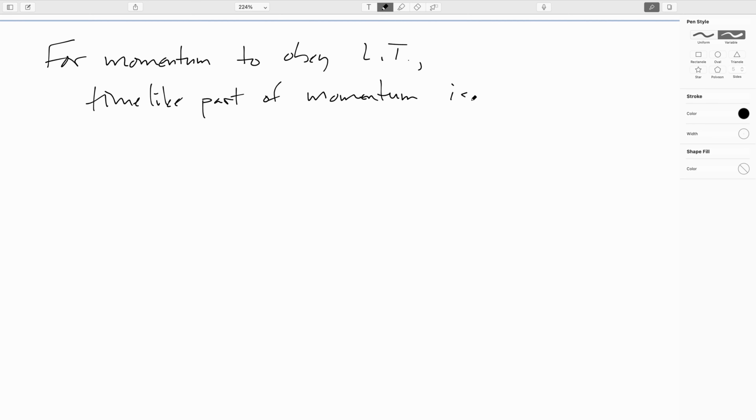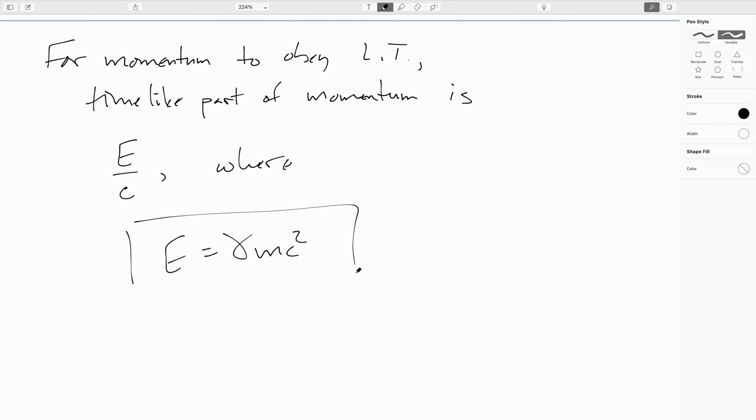And it was shown that it needs to be the energy of the particle over c, where the energy of the particle is gamma mc squared. So this is the total mechanical energy of the particle. That's interesting.